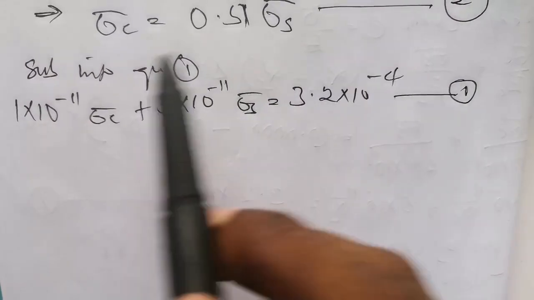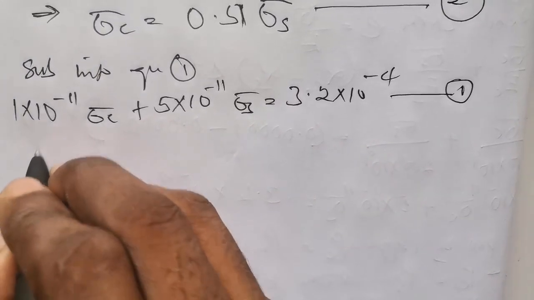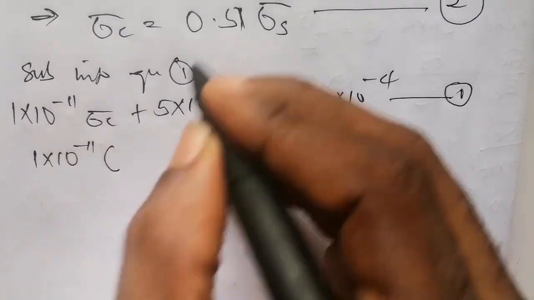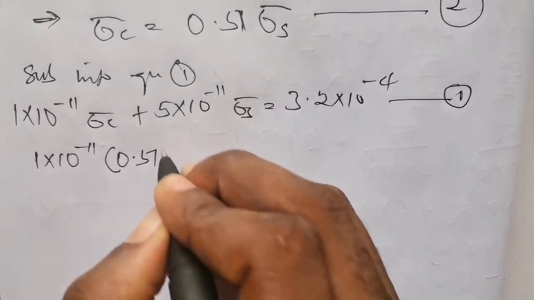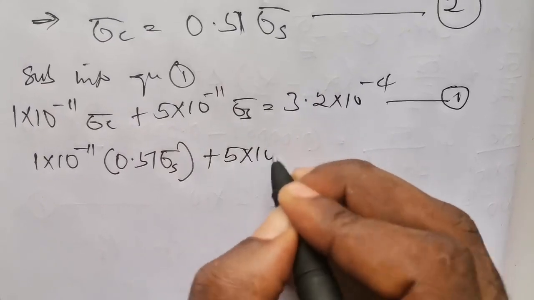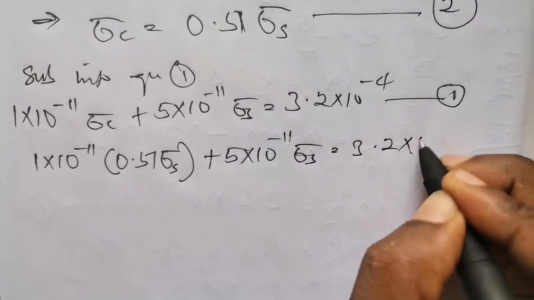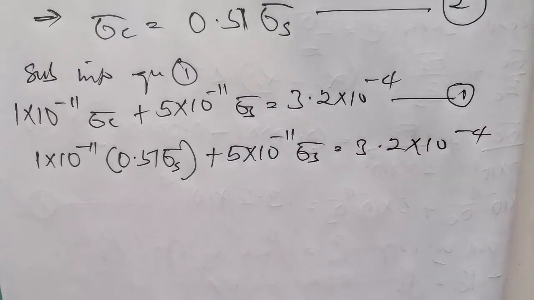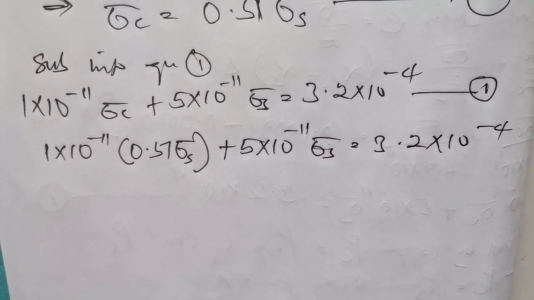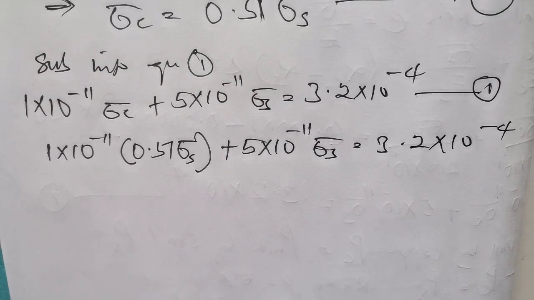So we are now substituting this value in place of sigma c into equation 1. So this becomes 1 by 10 to the power of minus 11 in place of sigma c. Sigma c is 0.51 sigma s, and you have this plus 5 by 10 to the power of minus 11 sigma s, and this is equal to 3.2 by 10 to the power of minus 4. So let's now expand this bracket. 0.51 multiplies 1 by 10 to the power of minus 11.